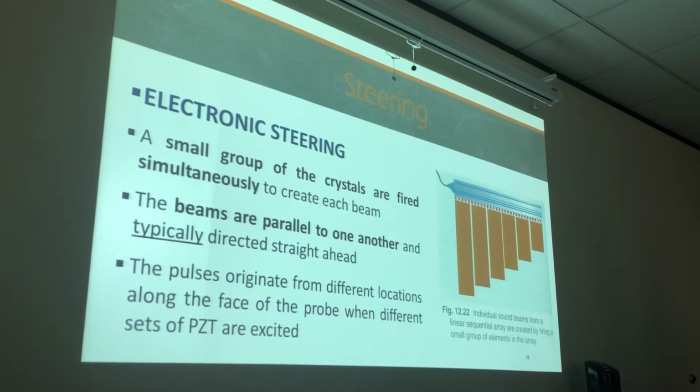So it's electronic steering, not mechanical. Remember I said only two things are steered mechanically. What are they? Angular and mechanical. Everything else in this chapter has electronic steering and focus. Our slope excitation pattern is what creates our steering.